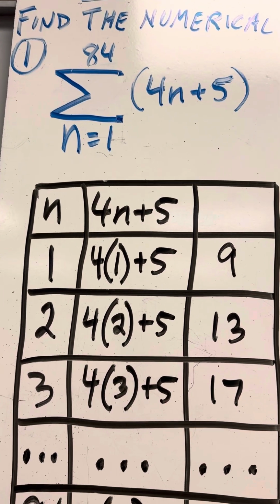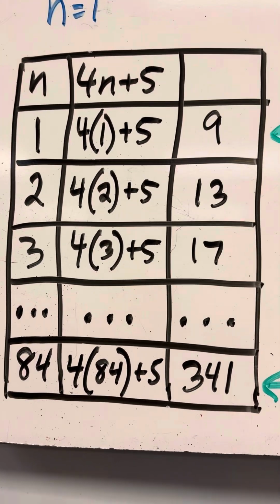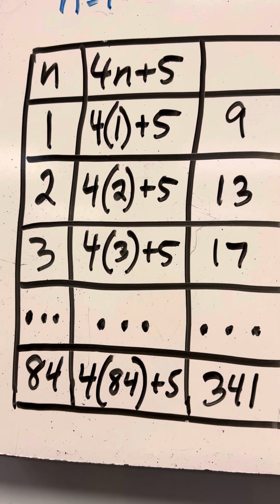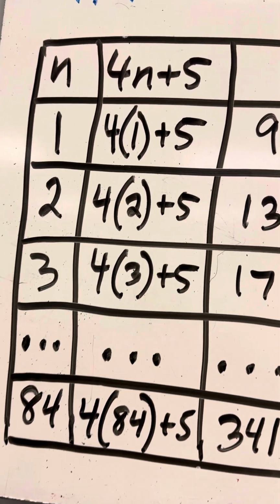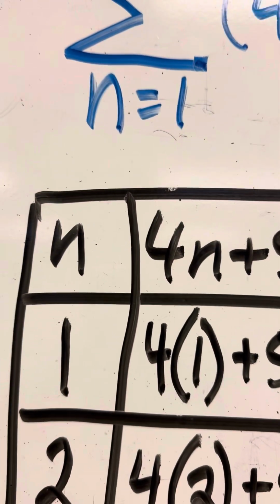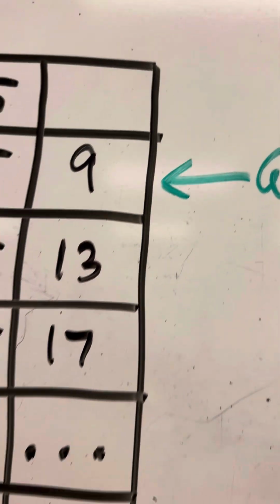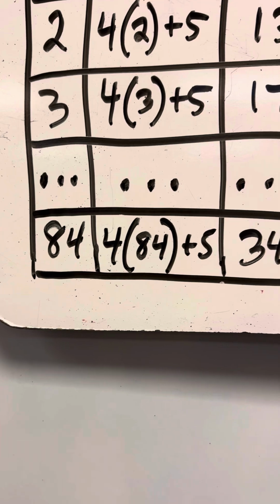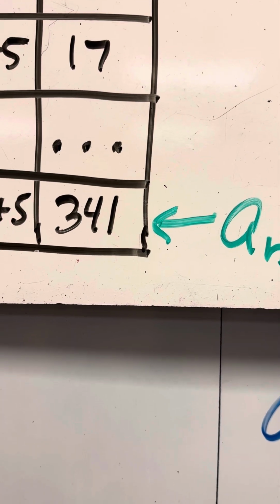But we're not going to make you do that, right? All the way to 84. 4 times 84 plus 5 is 341. The only two that you need is the first one, 4 times 1 plus 5. That's going to be your A1. And the last one, 4 times 84 plus 5 is 341. That's your AN.